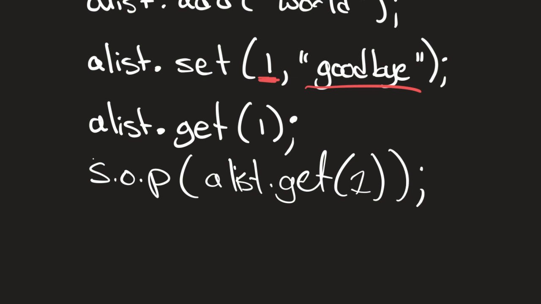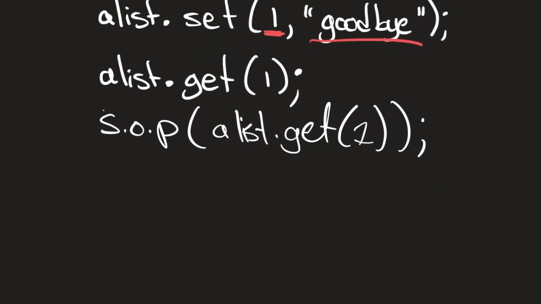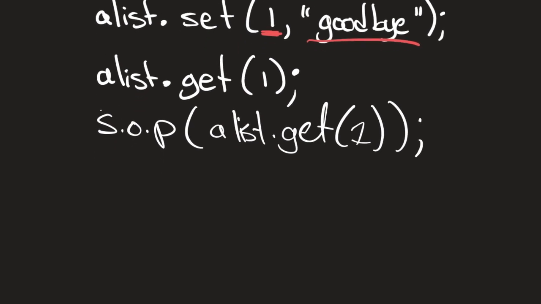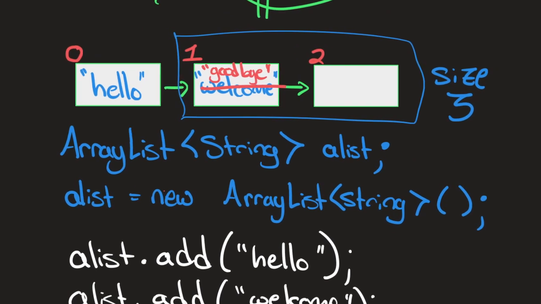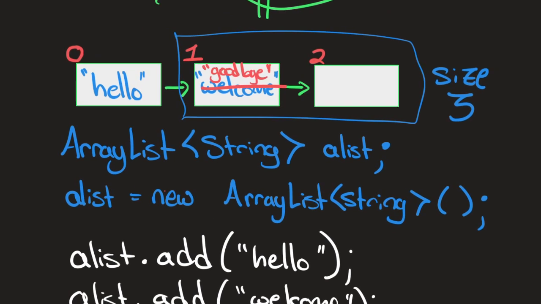So we have .add, .set, .get, and one of the other ones that we use all the time is .size. ArrayList.size is also a function, so it has the rounded brackets. And in this case, it is going to return 3, because ArrayList.size is going to give us the total number of elements that we see.